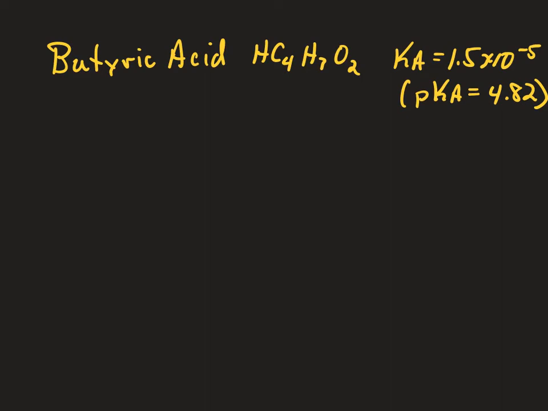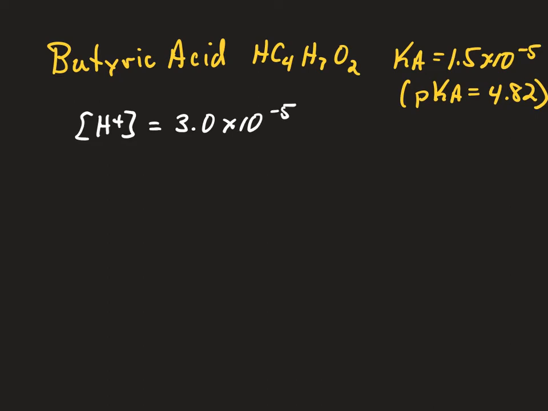Okay, so let's consider a solution of butyric acid, HC4H7O2. It has a nice Ka of 1.5 times 10 to the minus 5. And so let's say we know the concentration of hydrogen ions, which we measure with a pH meter, and we find it's 3.0 times 10 to the minus 5.